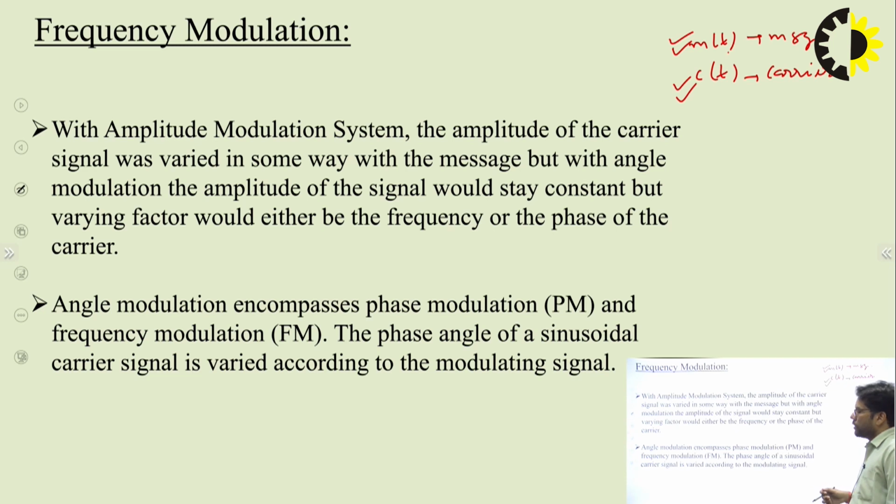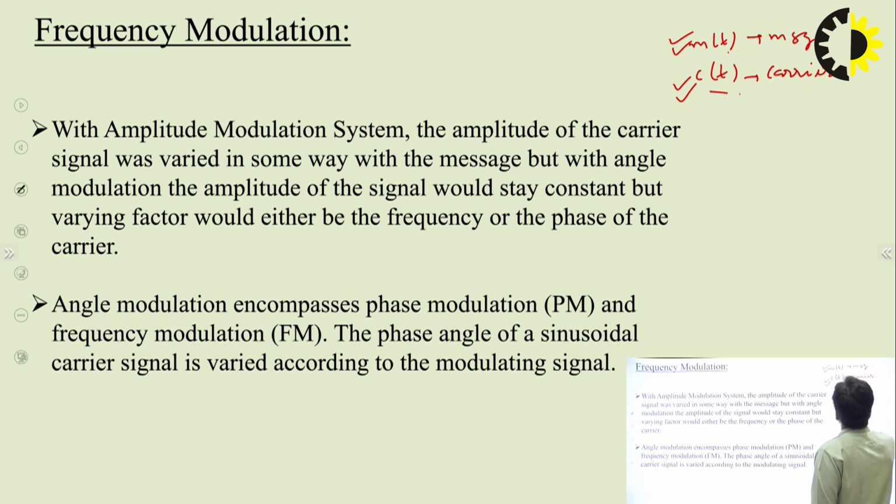So here we are talking about frequency modulation. The other parameter of the signal, such as amplitude, should always be kept constant here. So frequency modulation is always characterized as angle modulation.